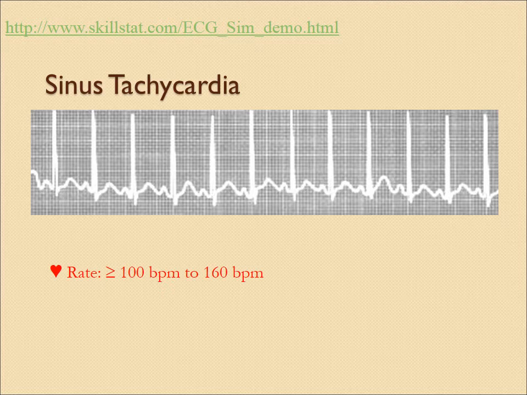The QRSs are all the same. The PR is normal, less than 0.20, that's good. The QRS is less than 0.12, and that's good. So the only thing that's different is the heart rate is greater than 100. That makes it sinus tachycardia.